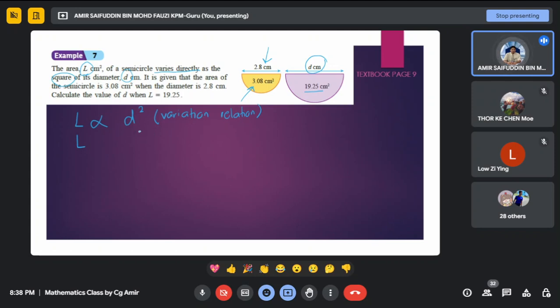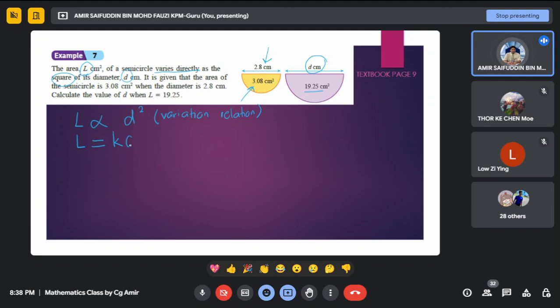L is still L, then the variation symbol we change into an equal symbol, then we add K. K is a constant.